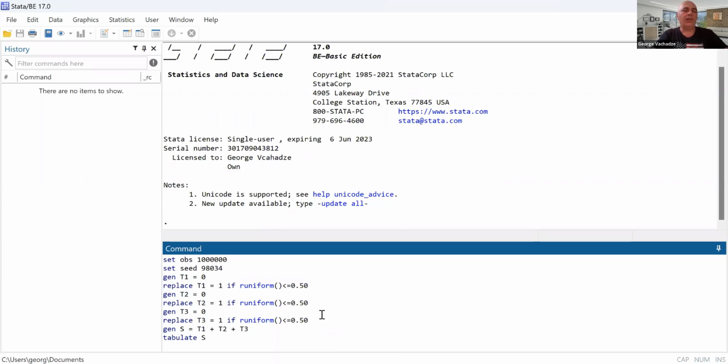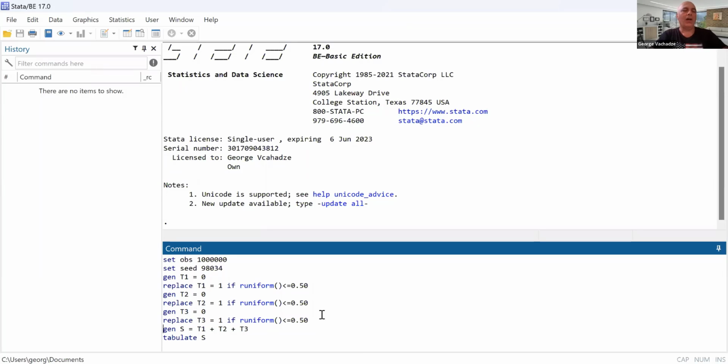T1 would be 0 if the outcome is a head, and 1 if the outcome is a tail. We do the same for toss 2, and the same for toss 3. Again, we get either head, represented by 0, or tail, represented by 1, with equal probabilities.